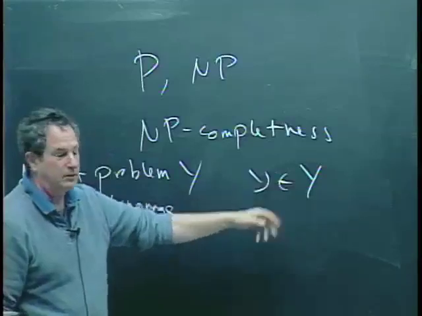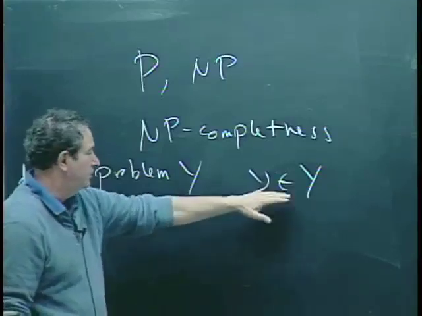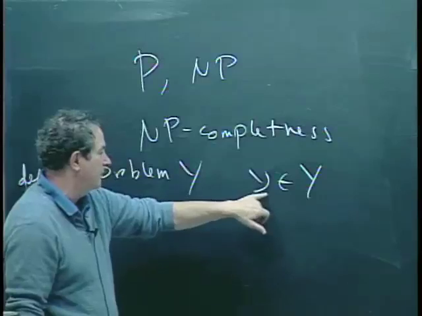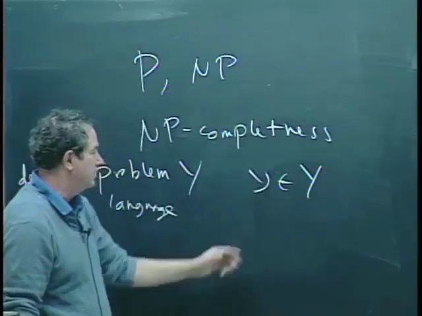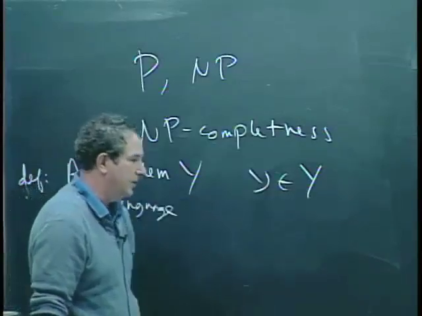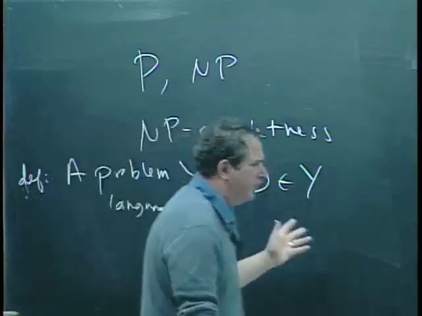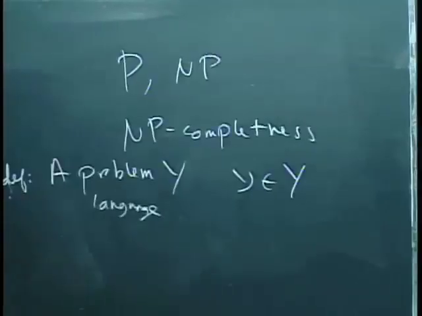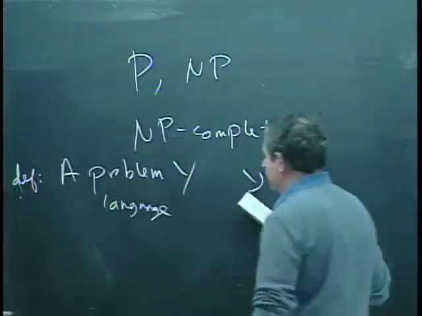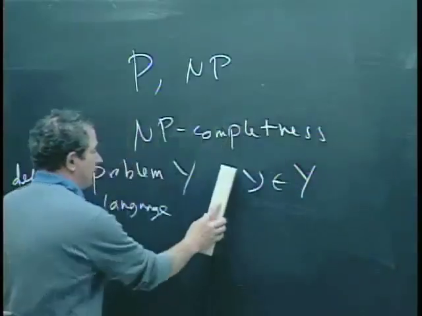In that case, y is contained in Y. But as far as I could tell, they never defined that. So maybe I'm wrong. If somebody sees it in the book where they explain what this notation means, let me know.